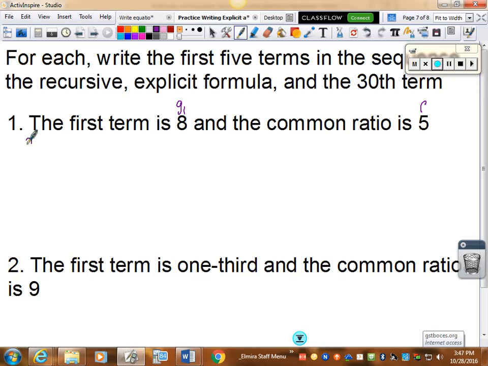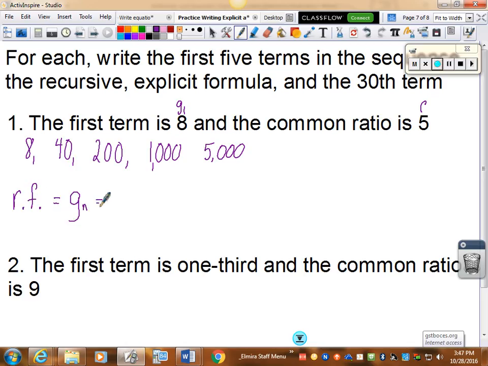Okay, so the first term is 8, multiply that by 5 is 40, multiply that by 5 is 200, then 1,000, then 5,000. There's our first 5 numbers in the sequence. So our recursive formula is that any term is equal to the previous term times 5.